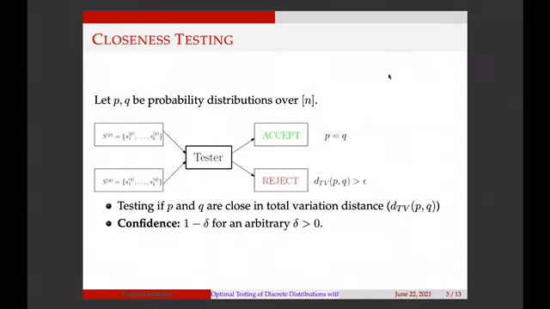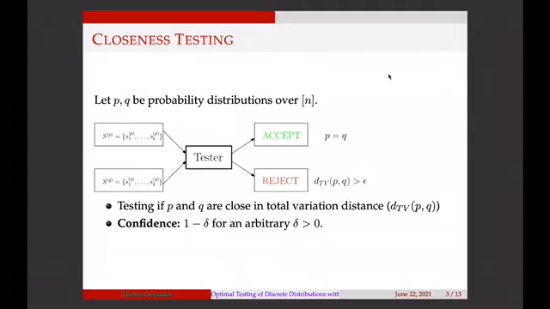So let's now move on to define the two main problems that we will talk about in this talk. The first one is closeness testing. In this setting, we have two probability distributions, P and Q, over the same domain 1 through n.